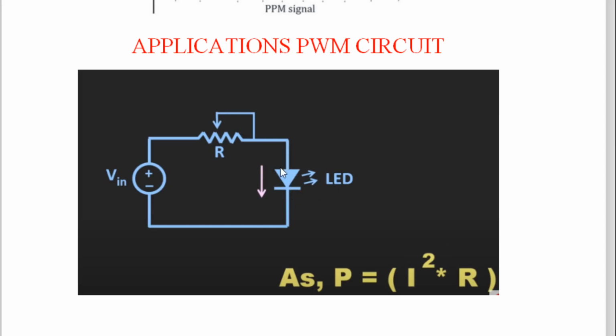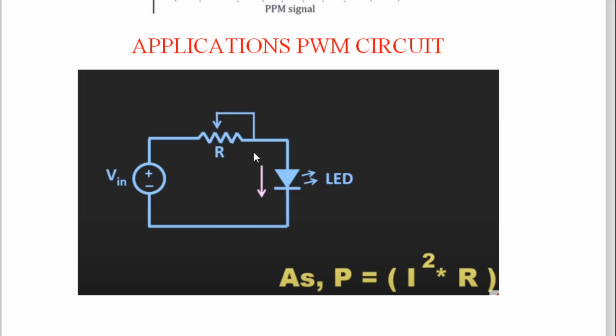Why is this resistor used and why is the intensity of the LED decreased? Only in order to reduce the power, because we don't want to waste the energy of this voltage source, that is a battery. Therefore, only to not waste the power, we are controlling the current.